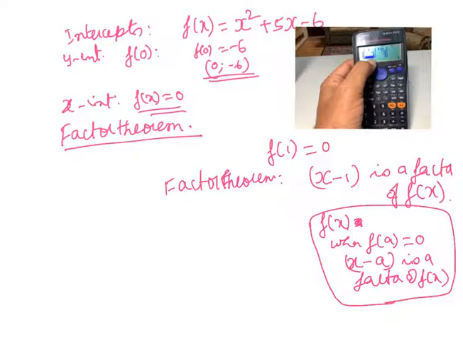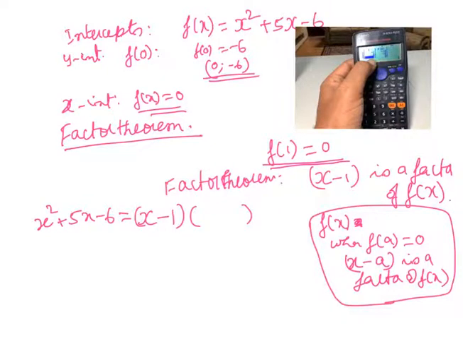So this is what the factor theorem states. Let us apply it here. To solve f of x equal to 0, I use my calculator and found that f of 1 is equal to 0. Therefore x minus 1 is a factor of f of x. Therefore, x squared plus 5x minus 6 I can factorize using the calculator, x minus 1.